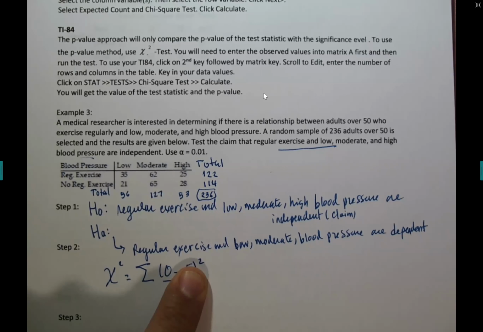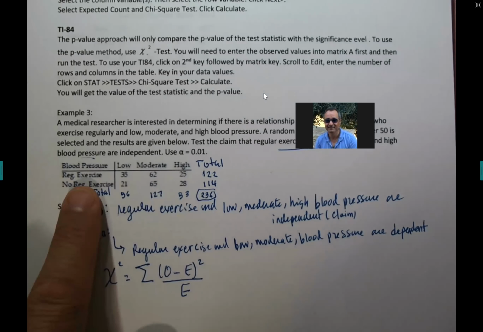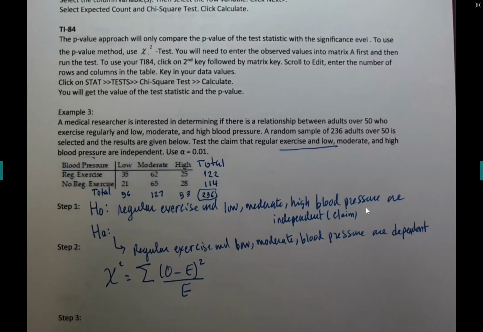It's a lot of work to do them by hand. In section 10.1, to find the expected value, you just take the percent and multiply by the total for each category. But it doesn't work this way for section 10.2. So let me show you guys how to find the expected values here.